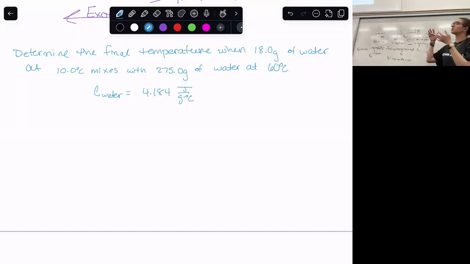So when you have something like this, or when you have a metal at a certain temperature going into a liquid, you're going to use your Q system is equal to your negative Q surroundings. Right? What Q equation are we using for this type of question? Yep, so we're going to use MC delta T for both of these here.